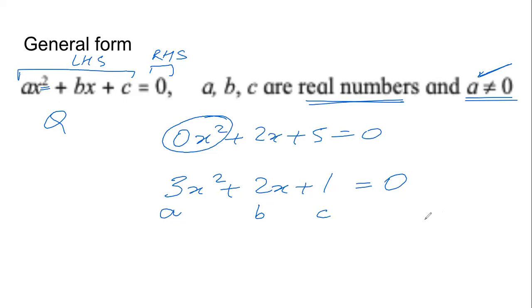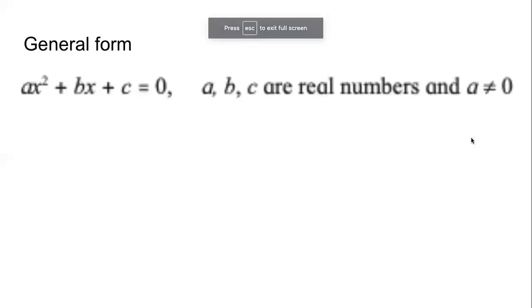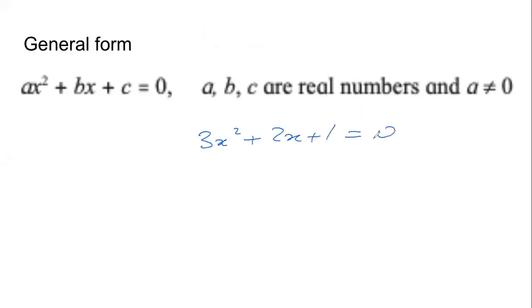A is 3, b is 2, c is 1. Here the left hand side is a quadratic polynomial and our right hand side is 0. That is it. Ax square plus bx plus c equals to 0.